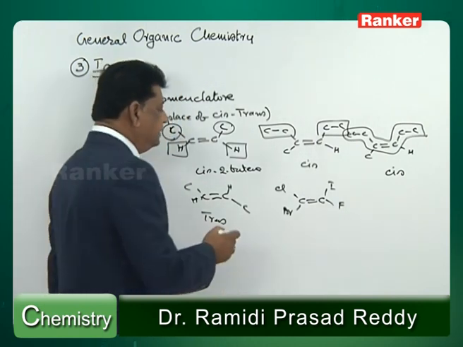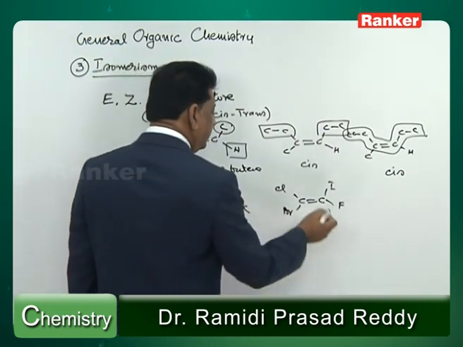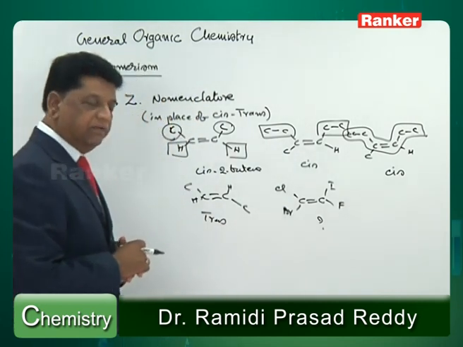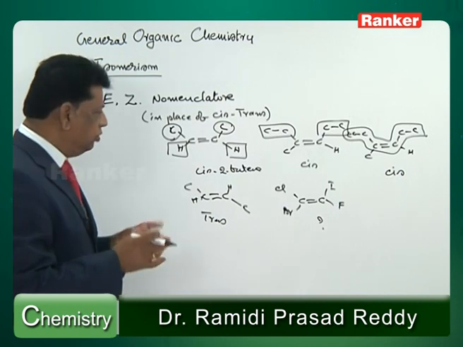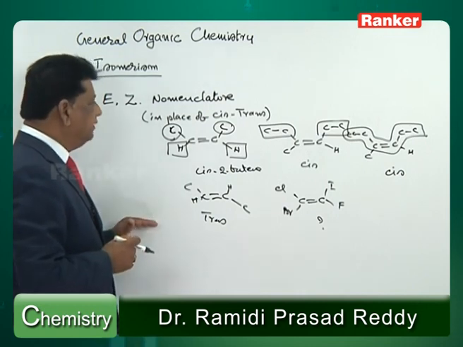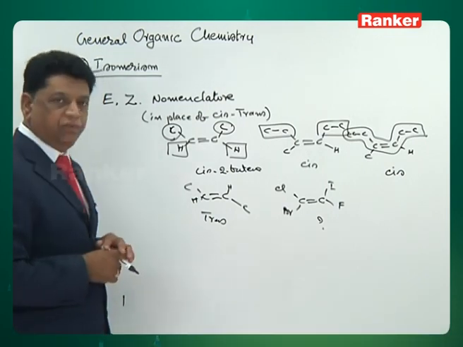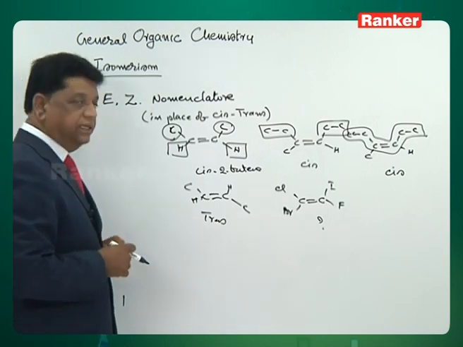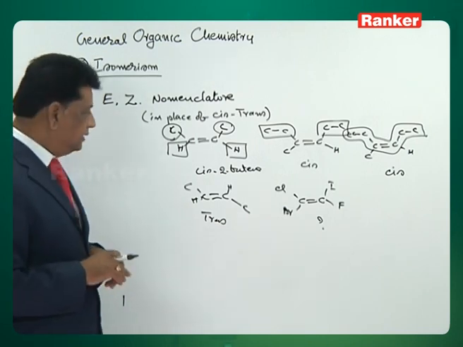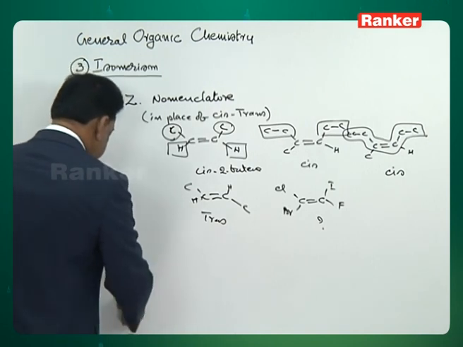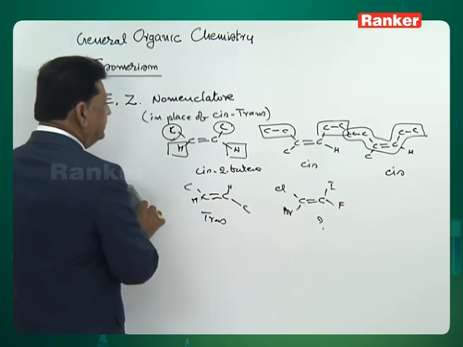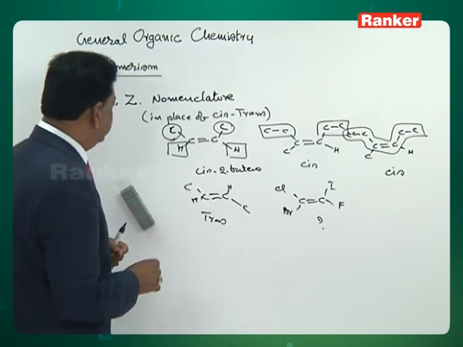So for these cases the method becomes slightly difficult. Even then you can extend it, the bigger group, the smaller group and so on. But where cis-trans has some confusion, the new method, E-Z nomenclature, came into existence, and it has no such drawbacks. So let us see how this E-Z nomenclature is applied.